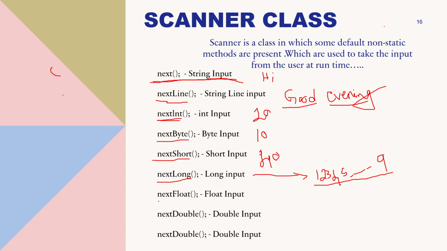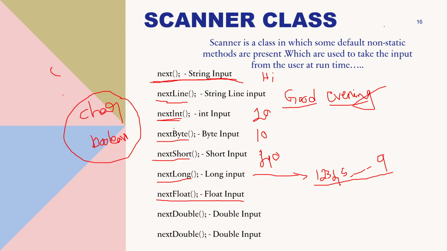Next, the nextFloat method, guys. For taking float as the input, we have the nextFloat method. For all the data types except character and boolean, we have one method each, guys.